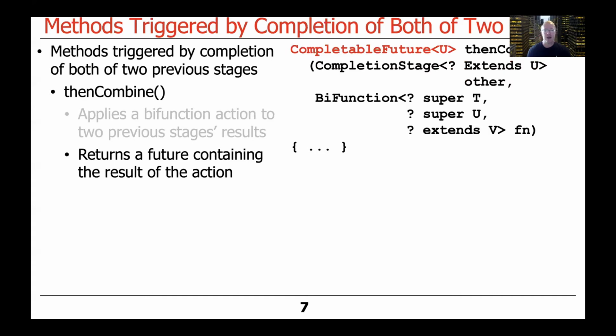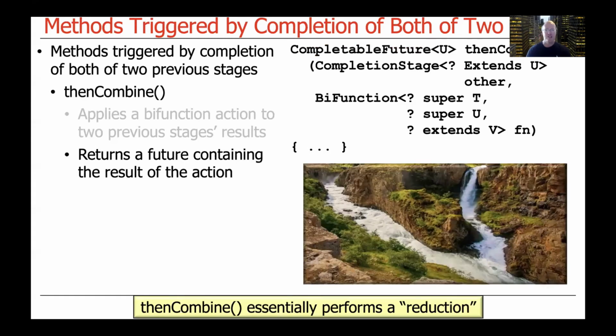What then combine returns is a completable future that contains the results of the action. So it's the results of applying this by function to both of the results of the two previous stages when they both complete. So you can basically think of then combine as essentially performing a reduction.